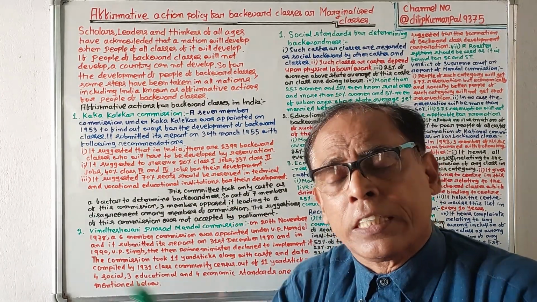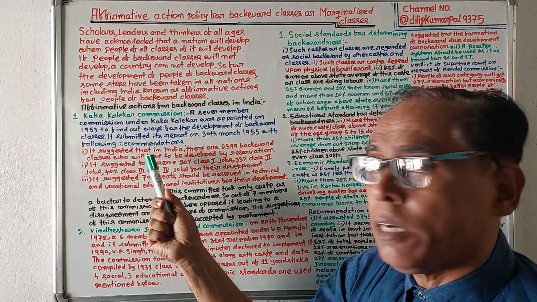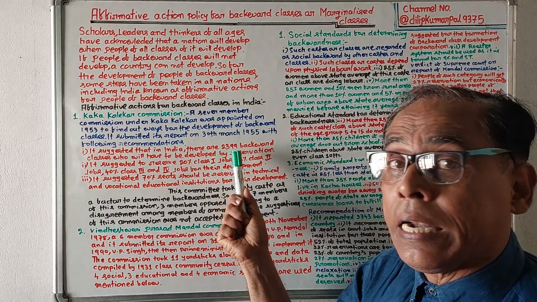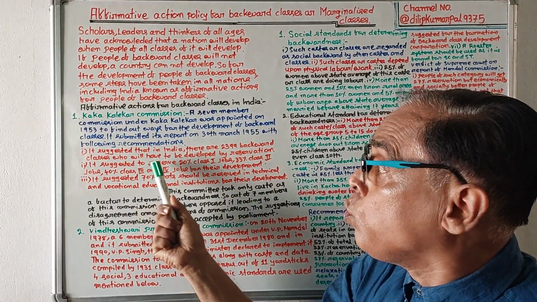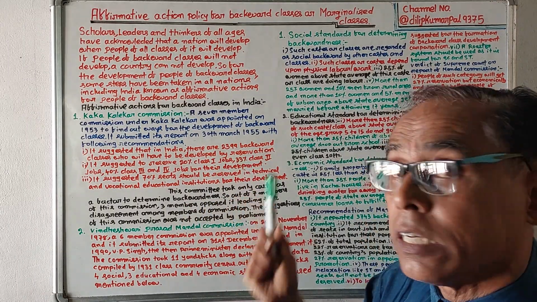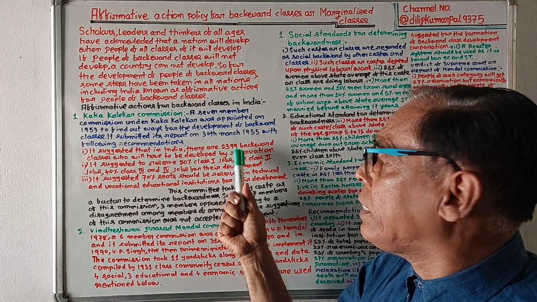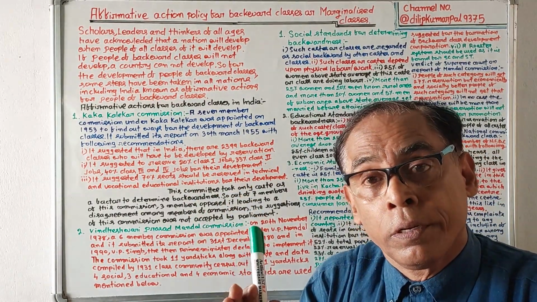So what suggestions, recommendations has it given? Number 1, it suggested that in India there are 2399 backward classes who will have to be developed by reservation. It suggested that in India 2399 backward classes are found.